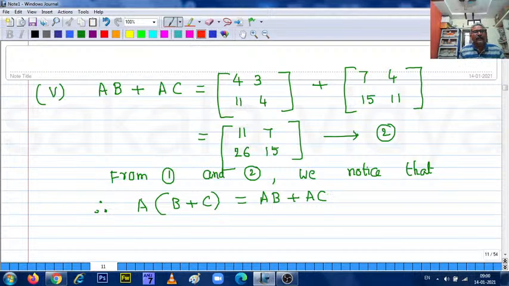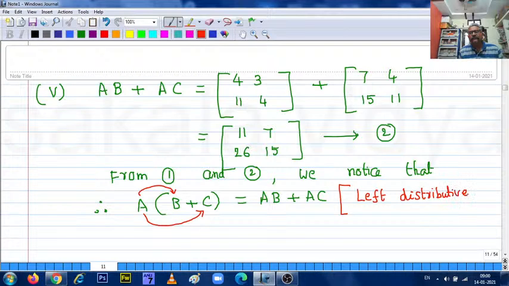So that means A into B plus C is A into B plus A into C. This is called the left distributive law.